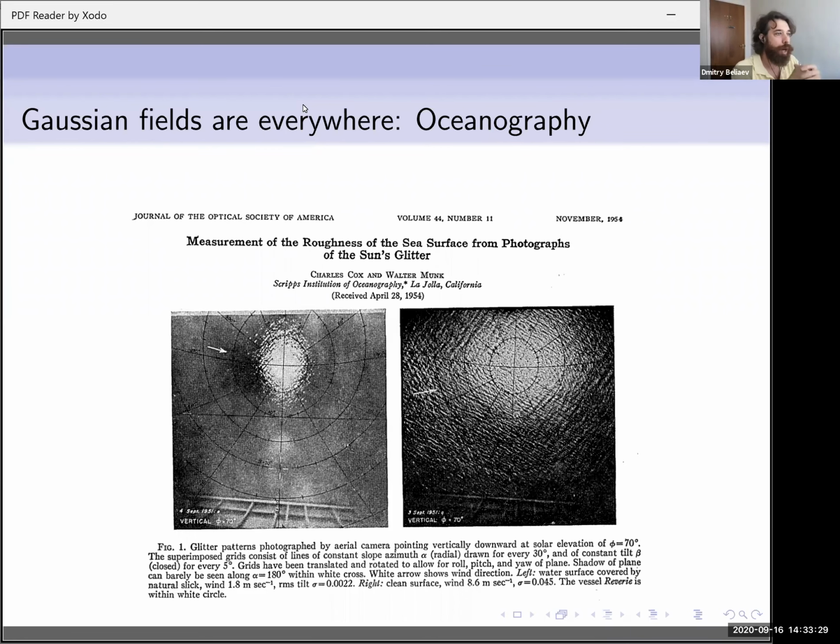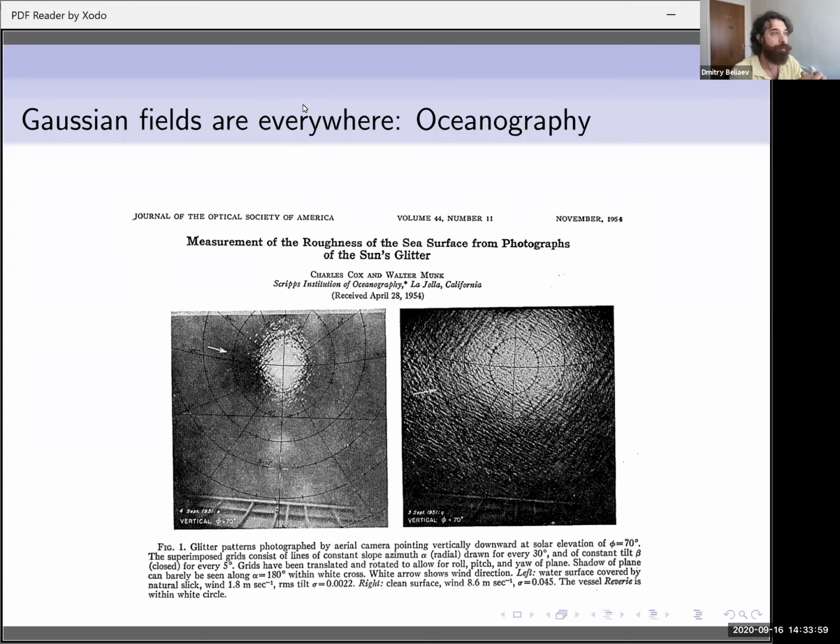This is a photo of an ocean, and what you see, these bright spots, are places where you can see sun reflection. They are parts of the water surface that are at a given angle, and you can count the density of these points just by looking at intensity on this photo.